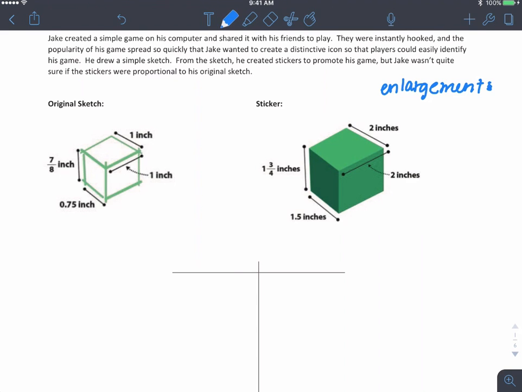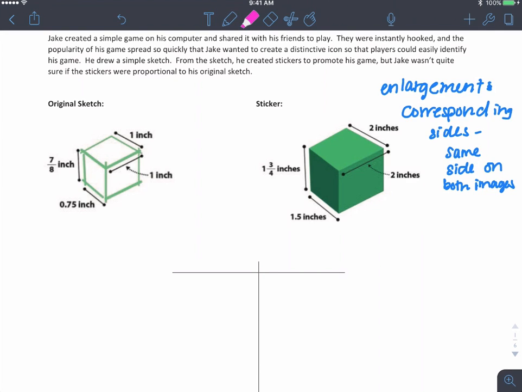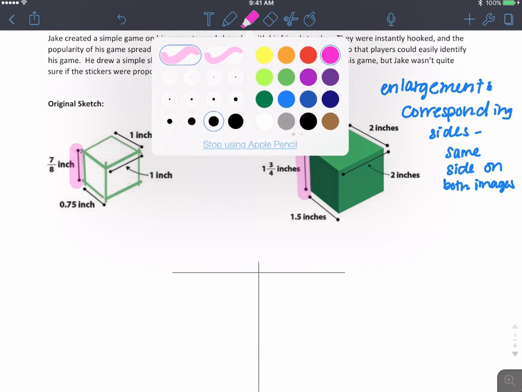When we have corresponding sides, it just means that they're the same side on both images. So I'm going to highlight corresponding sides so that we can keep track of what's going on here.